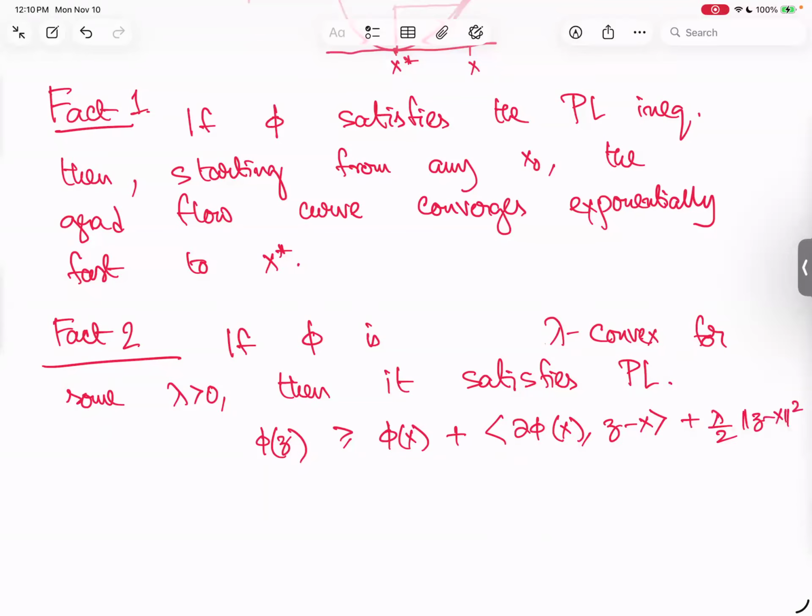So I have a lower bound on the Hessian of phi. These are the two facts that are important for us. If it satisfies the PL inequality, then it converges exponentially fast. And if I have a lambda convex function, then it satisfies the PL inequality. Let's try to prove this, because the proofs of both of these are easy. All right, so let's prove fact one.